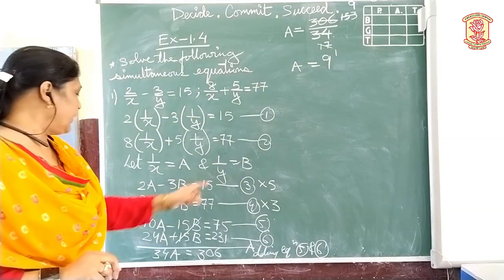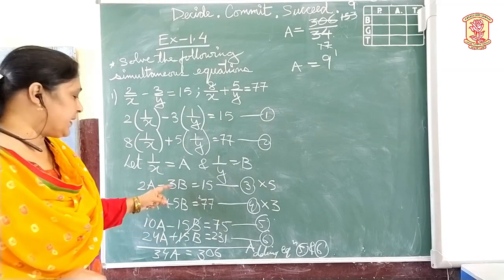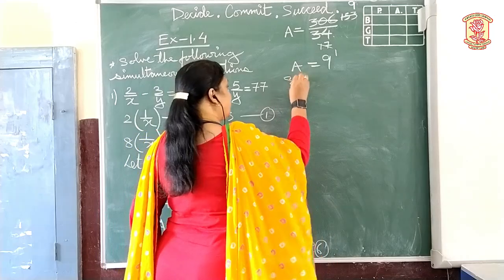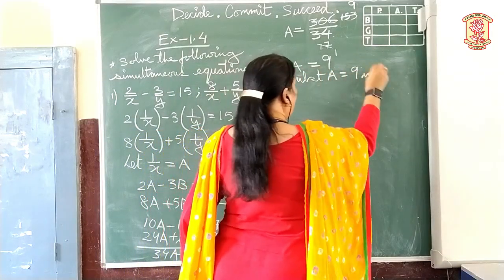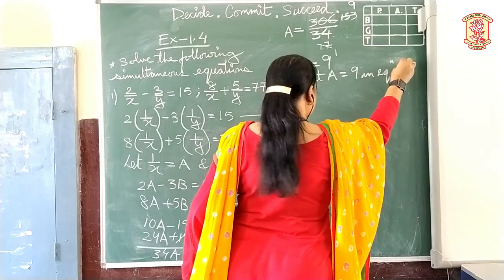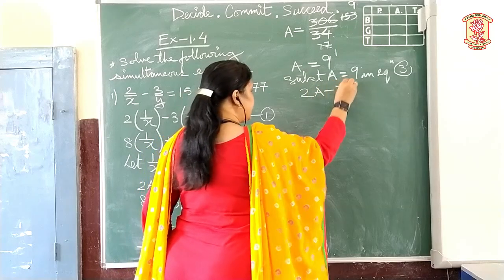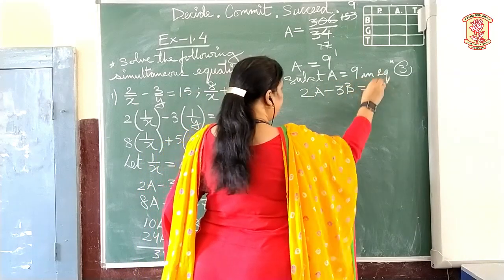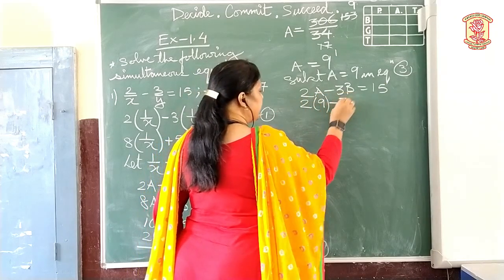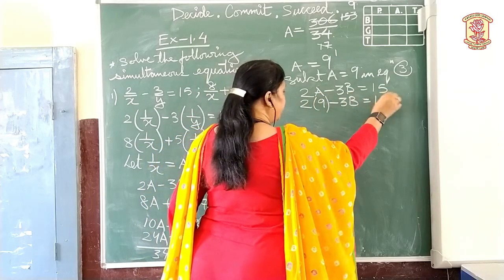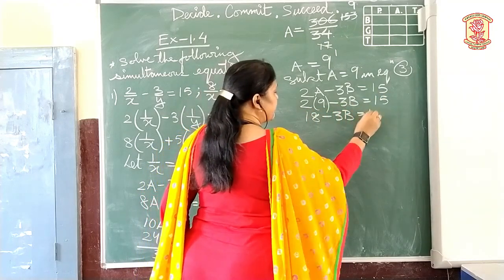Now we'll substitute the value of a in, say, the third equation because this appears to be simpler. So we'll substitute a equals 9 in the third equation, 2a minus 3b equals 15. So this comes out to be 2 into 9 minus 3b equals 15. 2 9s are 18, minus 3b equals 15.